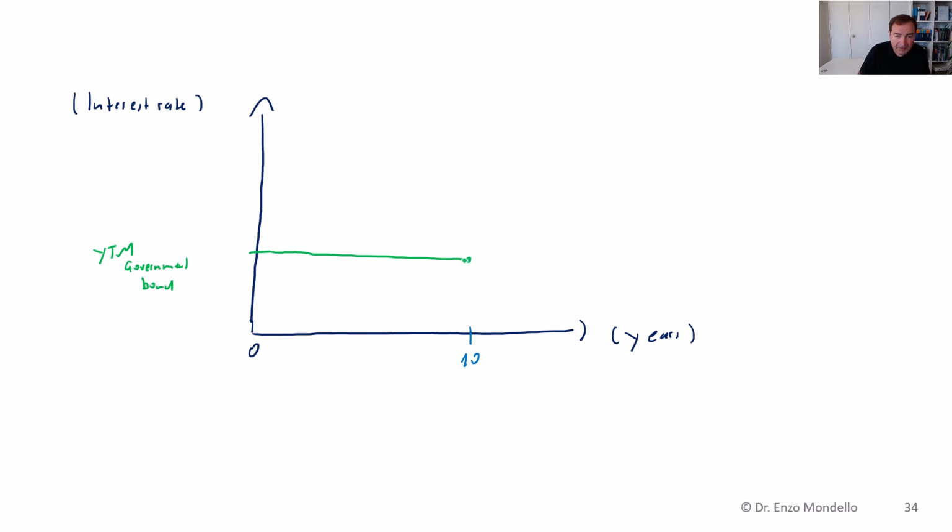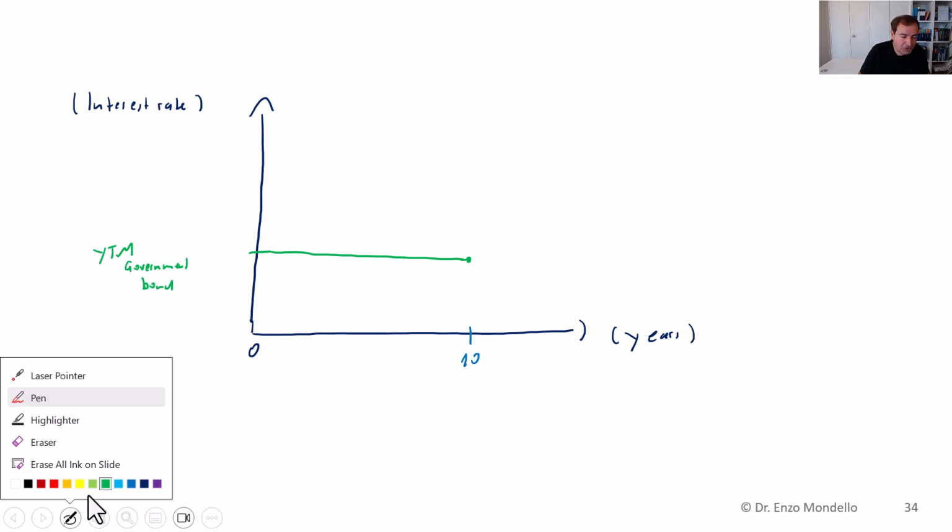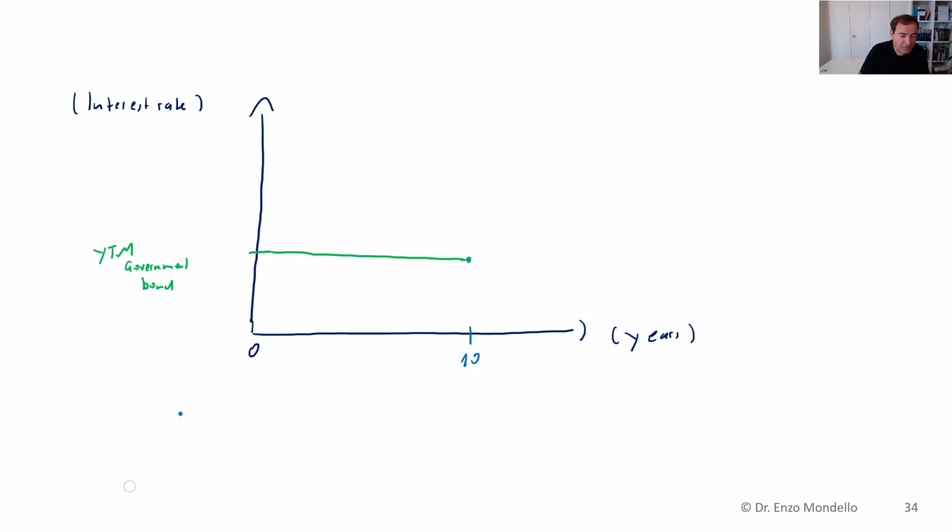And then we add to this yield to maturity the G spread, which is a return compensation for credit risk and market liquidity risk, to obtain the yield to maturity of the corporate bond. So this risk premium is referred to as the G spread, according to Bloomberg.